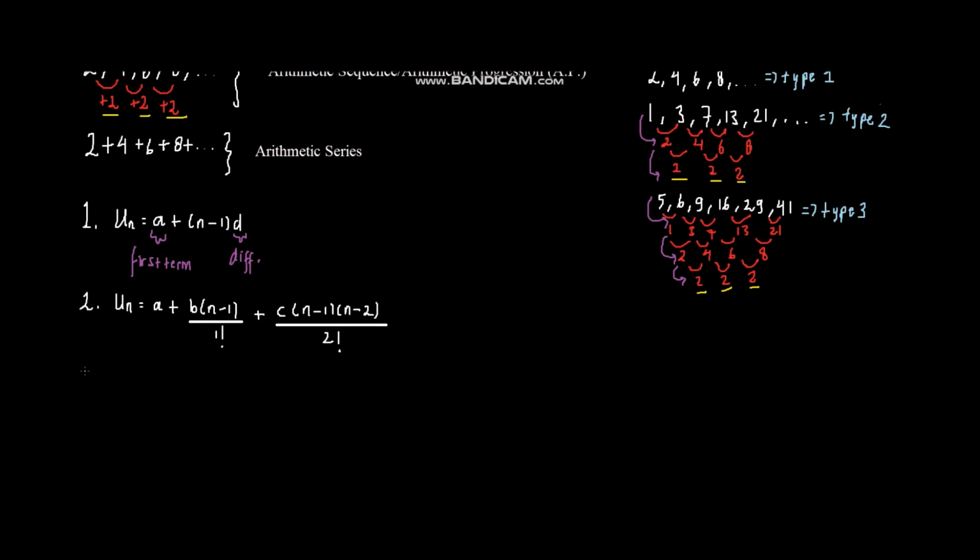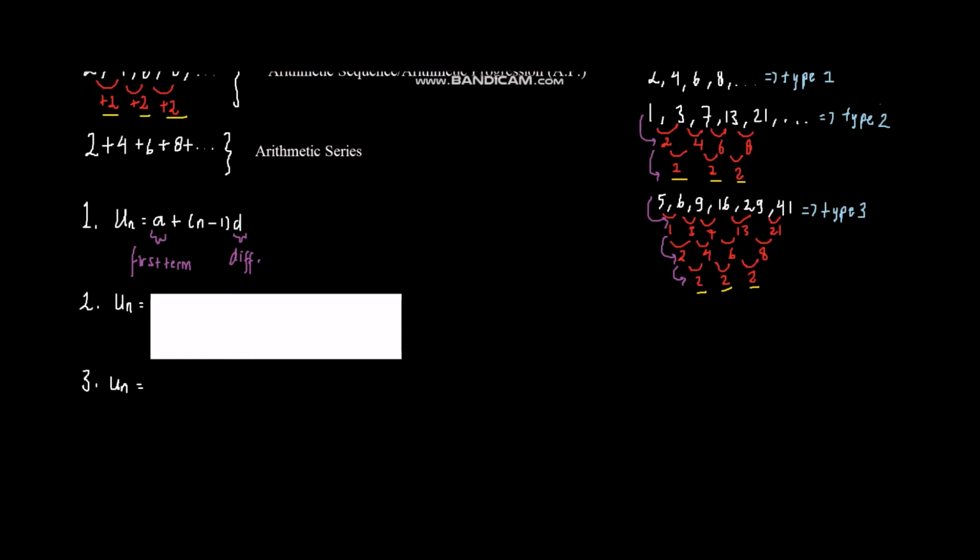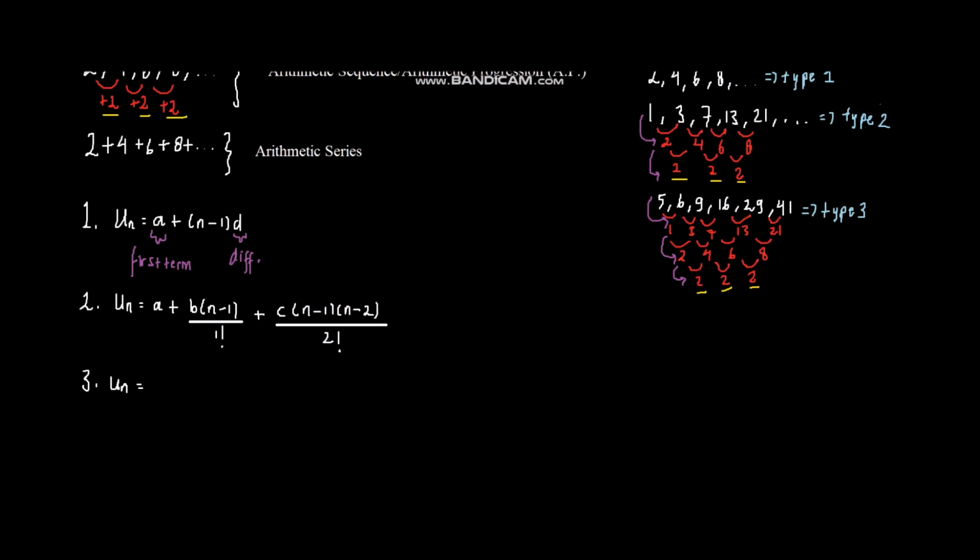Now, for type 3, it's very similar because you only have to add another term to the type 2 formula. So the nth term for type 3 AP would be, let me just copy that. I'm going to select all of this and copy. Oh, I didn't copy it, I actually cut it. I'm sorry.